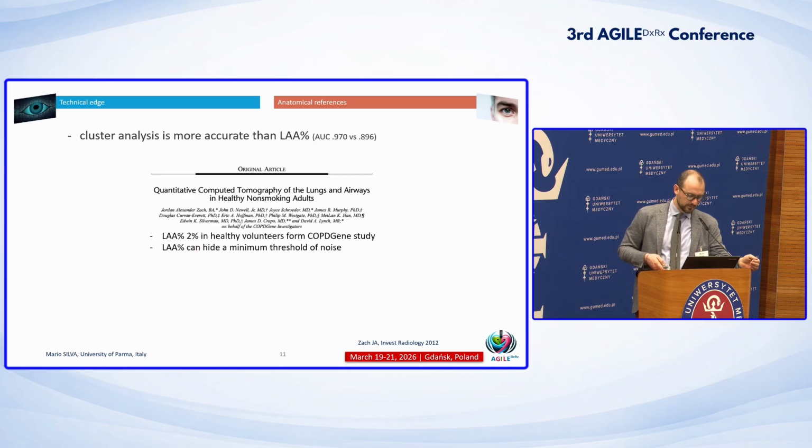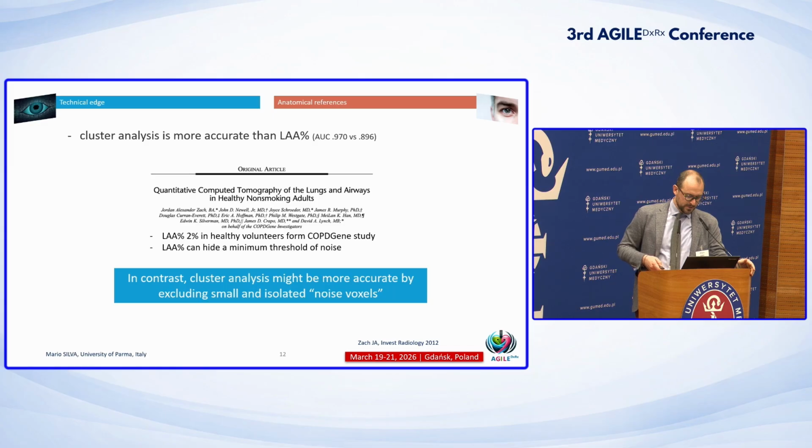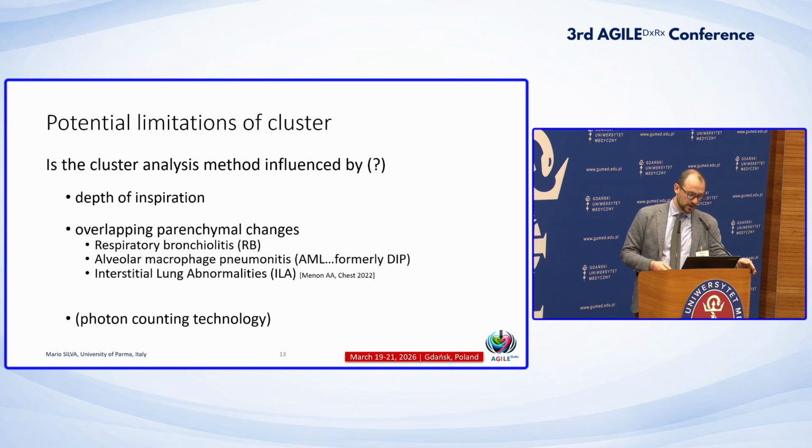So this probably explains this difference in accuracy, because there is some degree of noise when you examine those CTs, and also probably small bronchioles slightly dilated, at the edge of the size of what can be segmented. So if you use cluster analysis in contrast to LAA percentage, you are more accurate because you get rid of those noise boxes. We're doing low dose, and noise is indeed a problem.